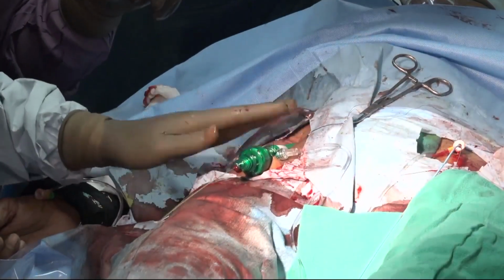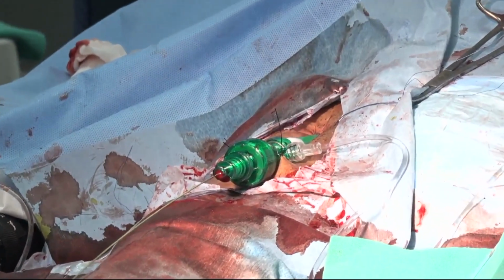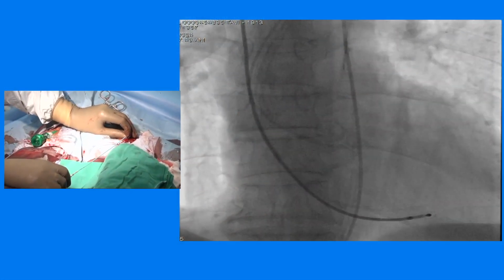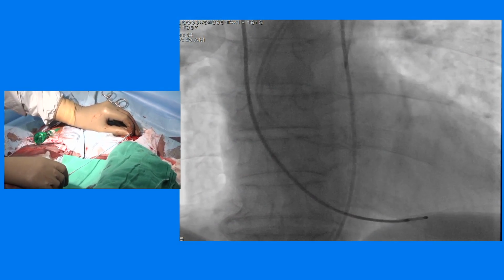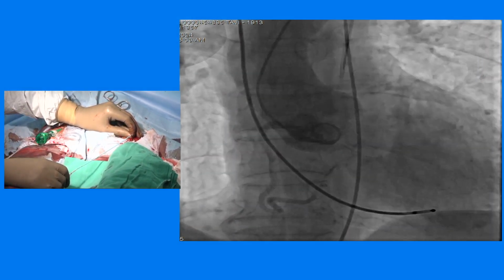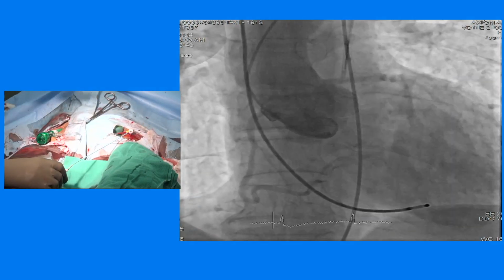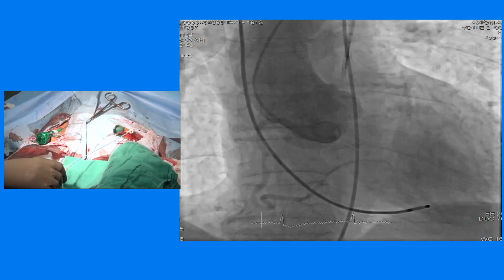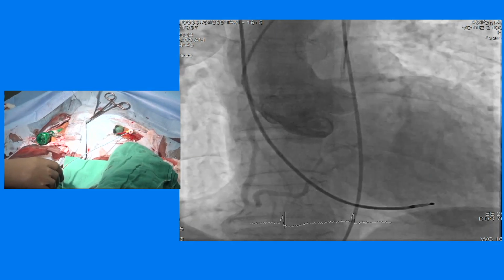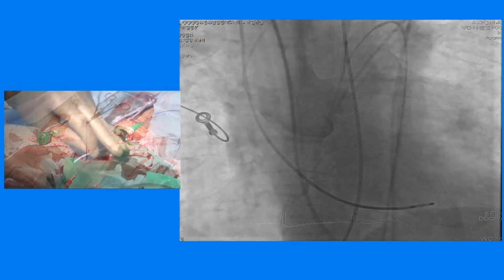We place this sheath here, and now we are going to cross the valve with the AL1. As you can see, there is a central jet coming out from there. So, possibly this will be the area to cross the valve. Coronaries are good. So, we are going to cross the valve with the AL1.